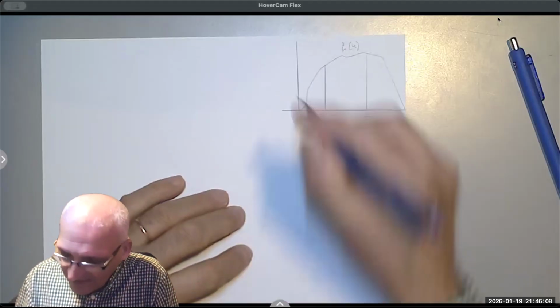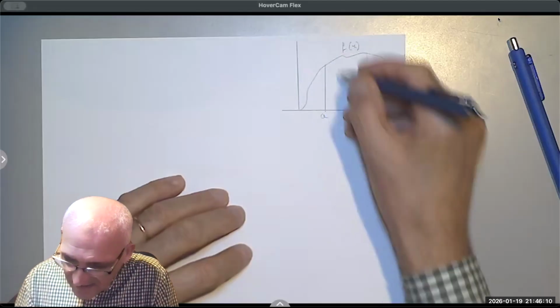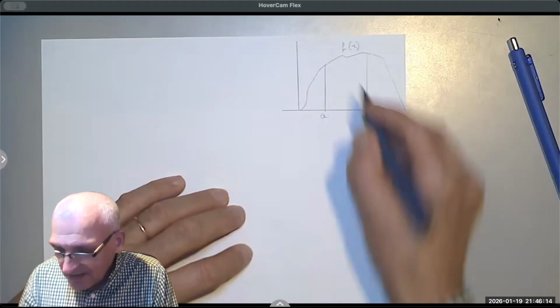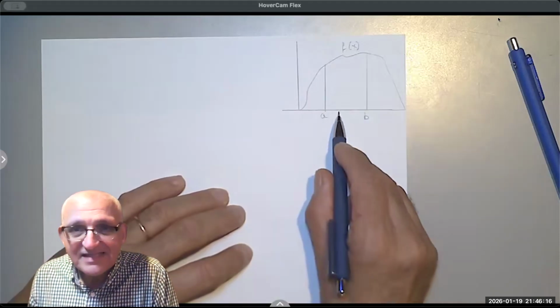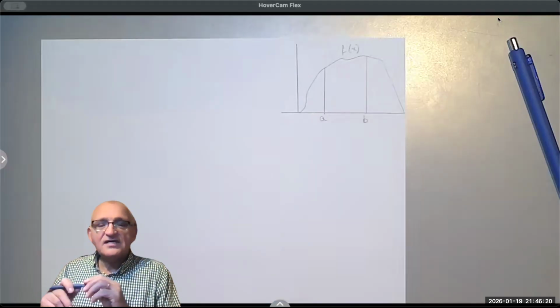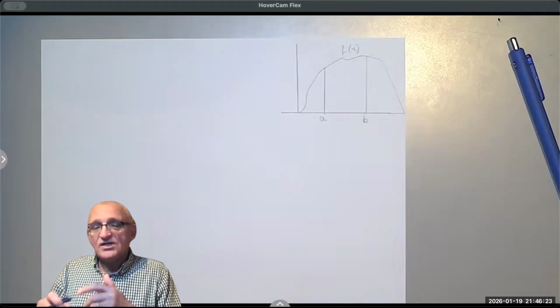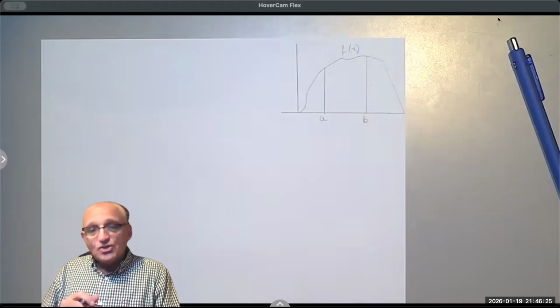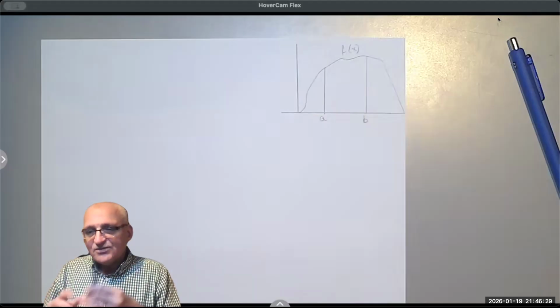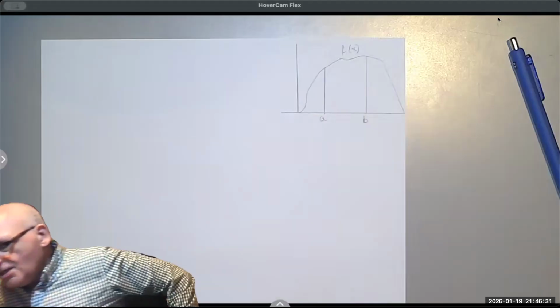Each rectangle will have a height, which is f of whatever value of x is between A and B, and a width of delta x, or in fact dx, because the limit as delta x approaches 0 we call dx. So that should give me the exact area under the graph, but we have to write it in a way.